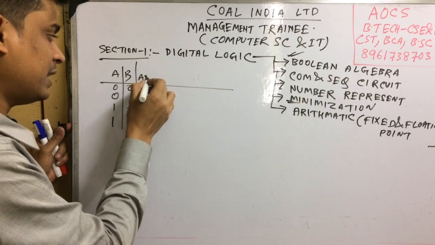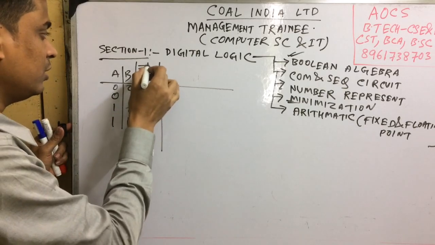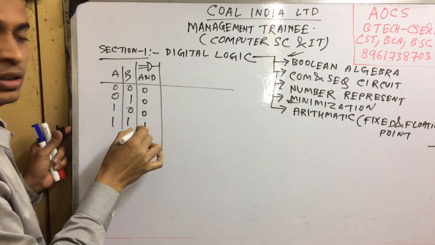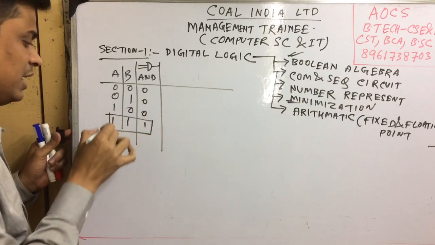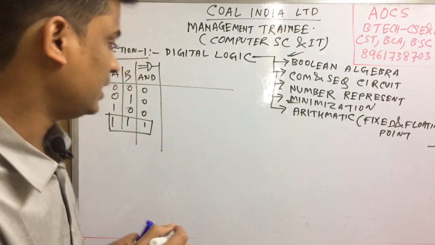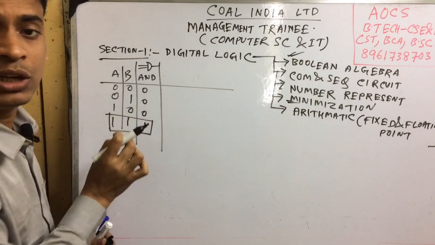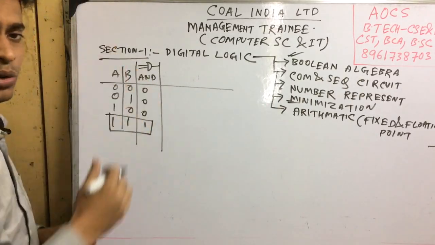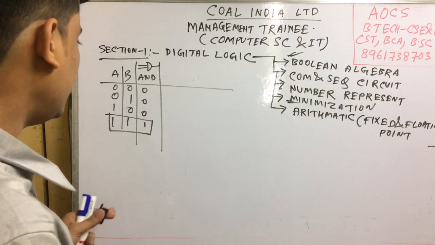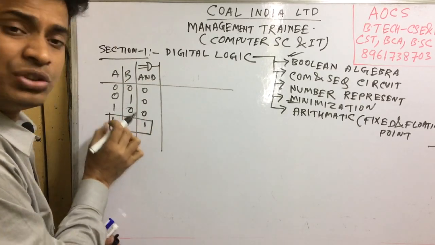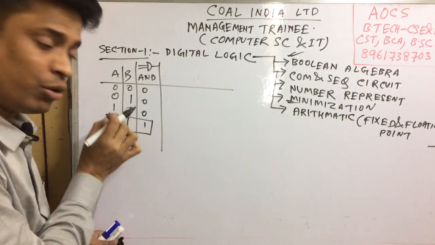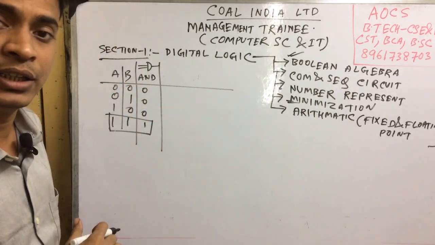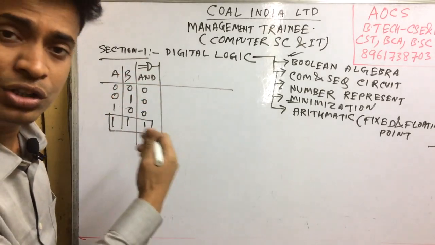If it is an AND gate, this is the symbol of the AND gate, and the result will be 0 0 0 1. In an AND gate, if both the inputs are 1, then only the output will be 1. In this table we can say that, but we can also say that if all the inputs are high in an AND gate, then only the output will be high. Otherwise the output will be low or 0.